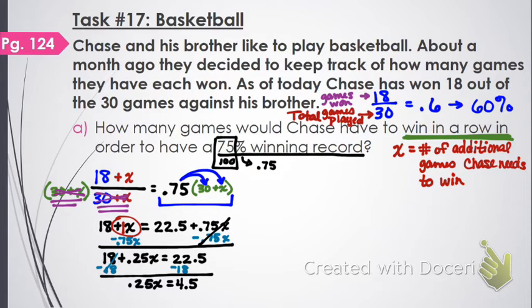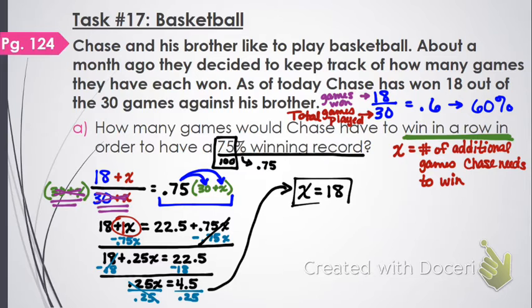Edgar, what do you think I should do next? Divide both sides by 0.25. Absolutely. Divide both sides by 0.25. And Kyla H., what do I get when I do 4.5 divided by 0.25? 18.